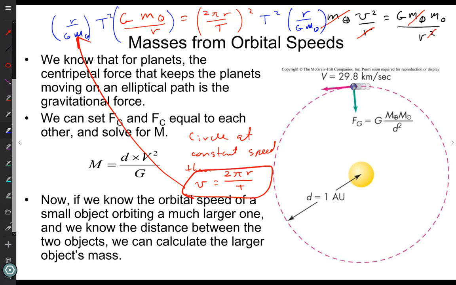And so what I'm left with now, canceling what I can, this cancels with this, and this cancels with that. I'm left with the equation that says period squared is equal to radius cubed times 2 pi squared over G mass of the sun.